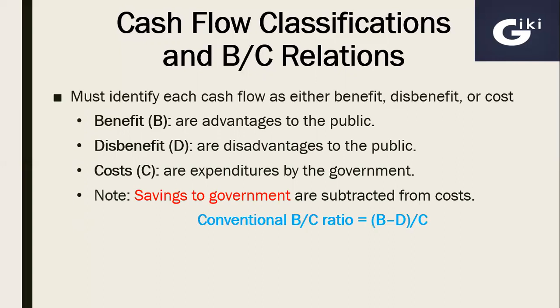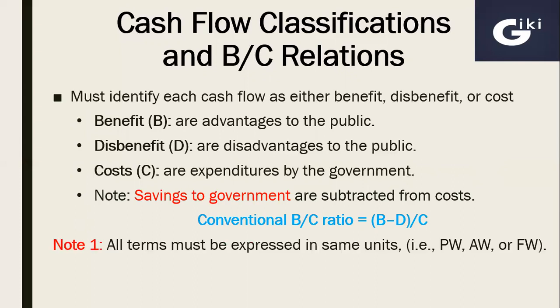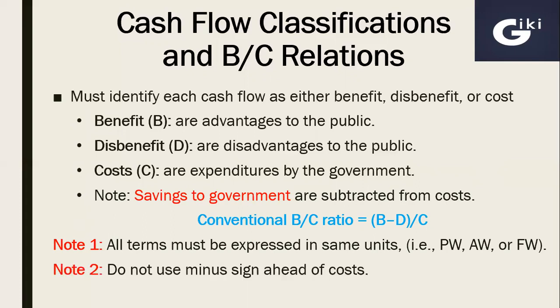So here is the formula for conventional B over C ratio, which is benefits minus disbenefits divided by costs. All terms must be expressed in the same units as I explained earlier: present worth, annual worth, or future worth. And we will not use the minus sign ahead of cost.